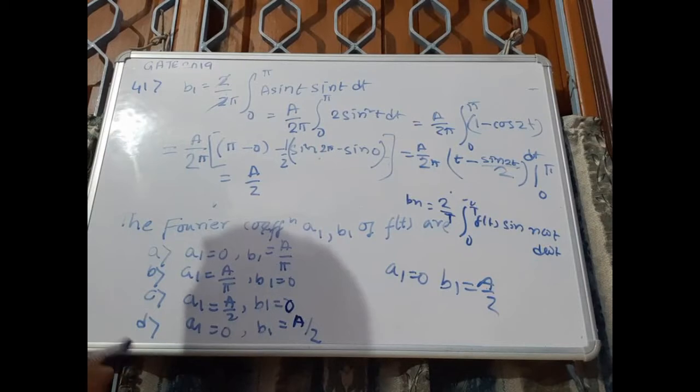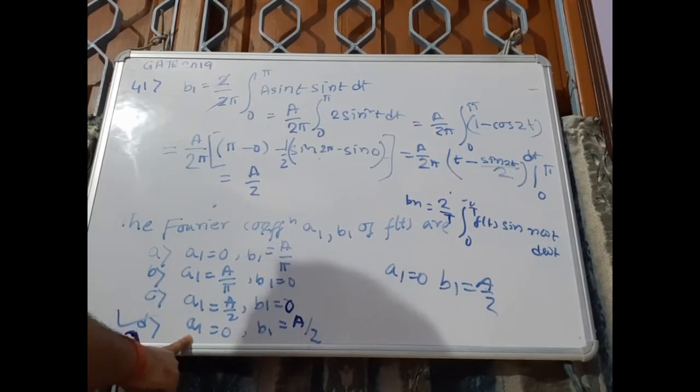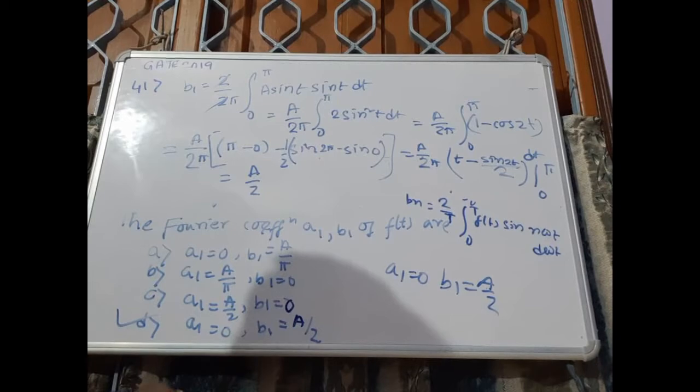So the correct answer will be option D, a1 equals 0, b1 equals a by 2.